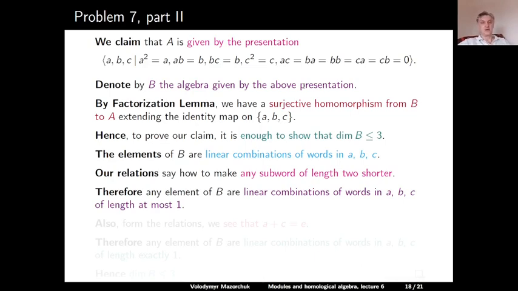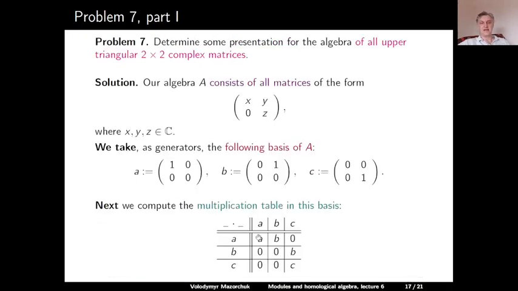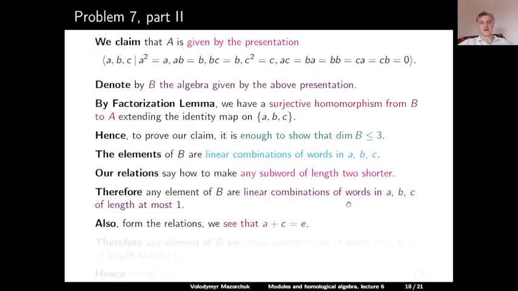most 1. But also from the relations, we see that A plus C is equal to the identity. So if we take A plus C and multiply with anything, we get that element back. So A plus C times A is A. A plus C times B is B. A plus C times C is C. So we also have the additional relation from our multiplication table that A plus C is equal to the identity.